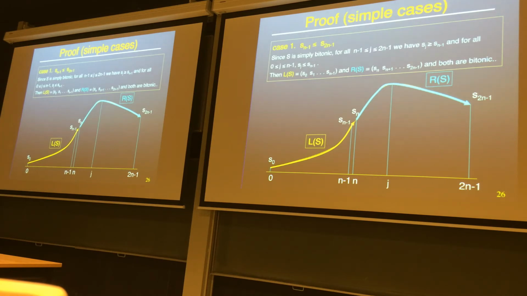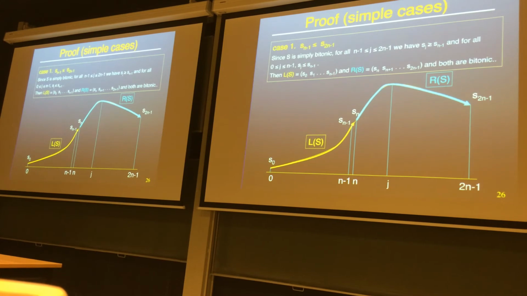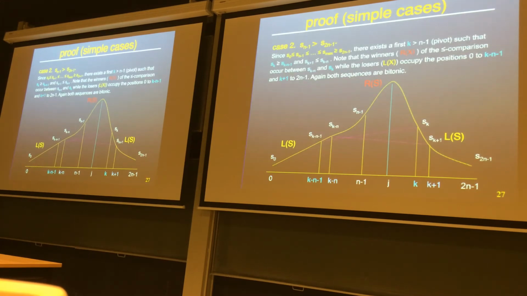Okay. Now a more complicated case, because the second case should be Sn-1 is larger than S2n-1. Yeah? So this is the second case. Here I have Sn-1, and this is S2n-1. Yeah? Now it looks somewhat complicated, but let's go through it. So what I do is the following.